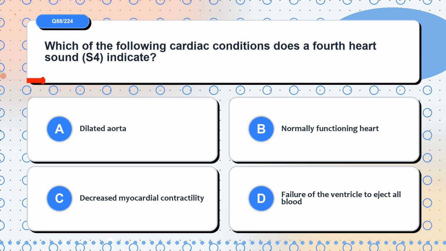Question 88. Which of the following cardiac conditions does the fourth heart sound S4 indicate? Here are the options. Option A. Dilated aorta. Option B. Normally functioning heart. Option C. Decreased myocardial contractility. Option D. Failure of the ventricle to eject all blood.